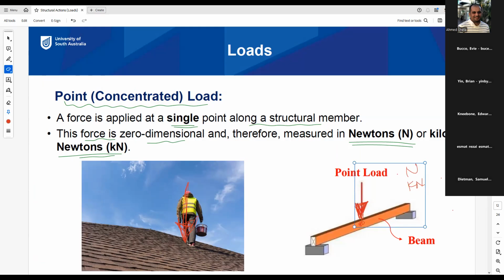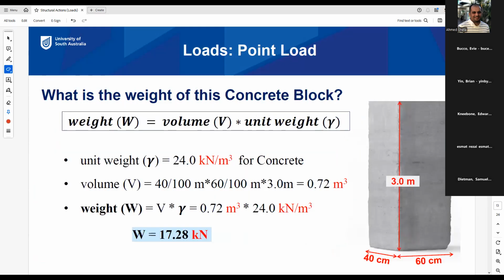Okay, so this is for point load or concentrated load, and here is one example of point load. For example, what is the weight of this concrete block? If we have a concrete block of this dimension, like 40 centimeter times 60 centimeter times 3 meter high, any substance or object that has volume has weight.